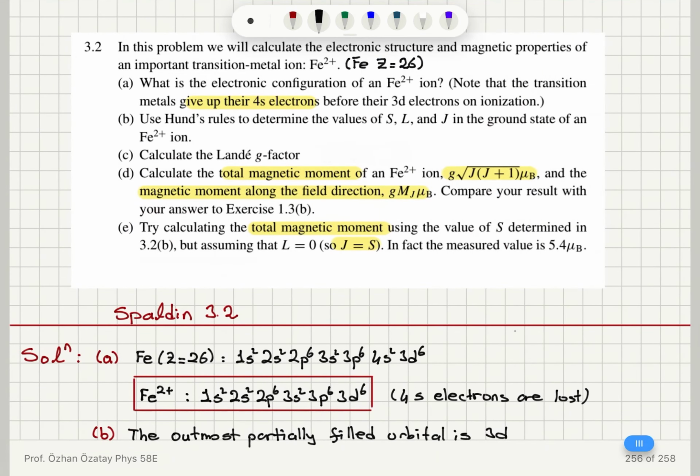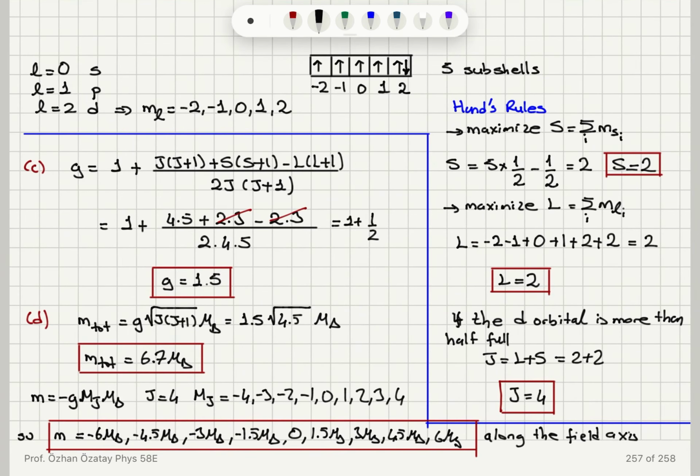Okay, so we have gone through the exercise of calculating the electronic structure and magnetic properties of the iron 2+ ion. First, we find that its electronic configuration ends with 3d6 because the 4s electrons are given up. For the 3d6 orbitals, using Hund's rules, m sub L values range from -2 to 2, so there are 5 subshells.